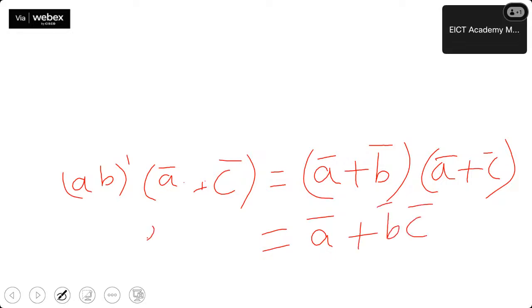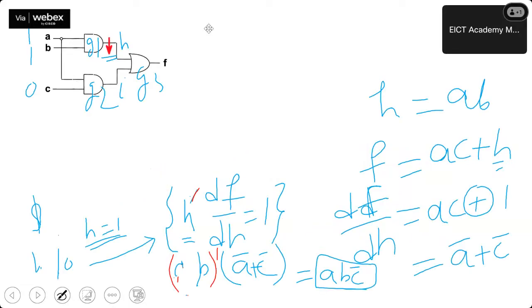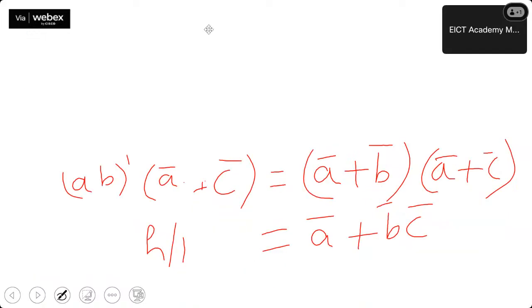So for H stuck at 0, we got 1, 1, 0 as the test vector. For H stuck at 1, we'll have this as the test vector. So this is the test vector for H stuck at 1. What is this test vector? This is a combination of 4 things. We have reduced 2 variables to get this literal, right?